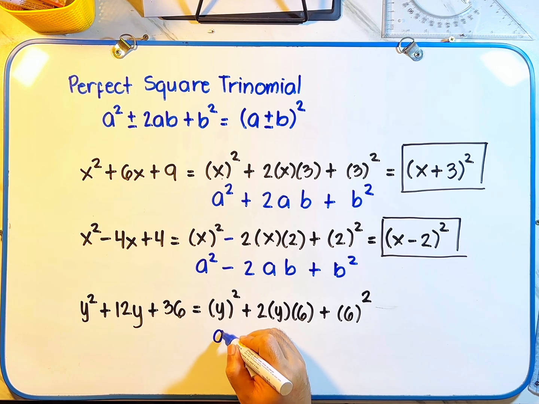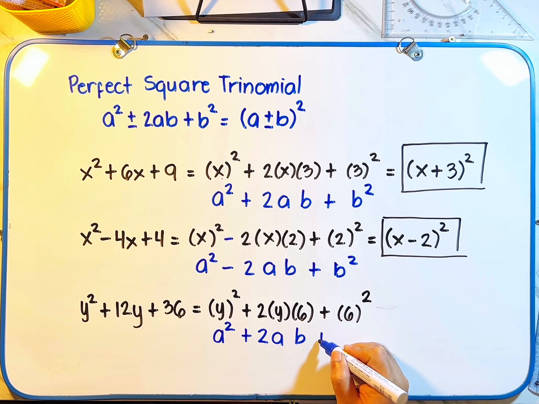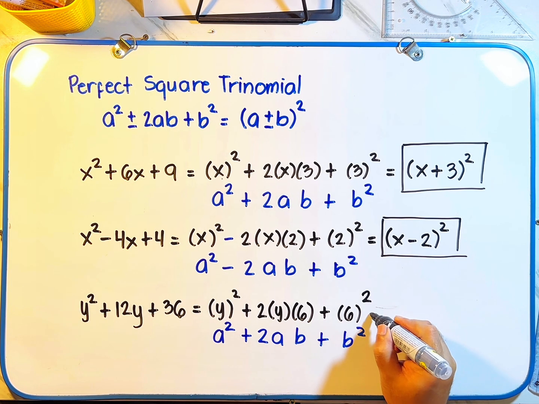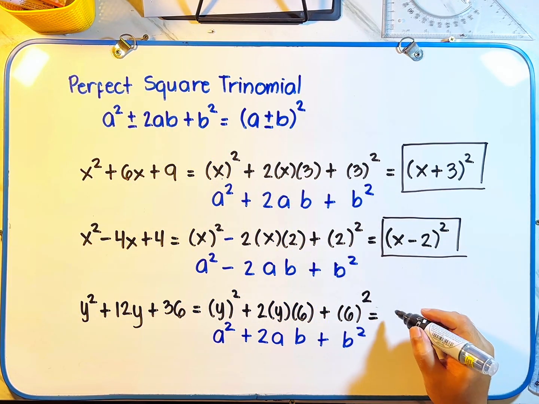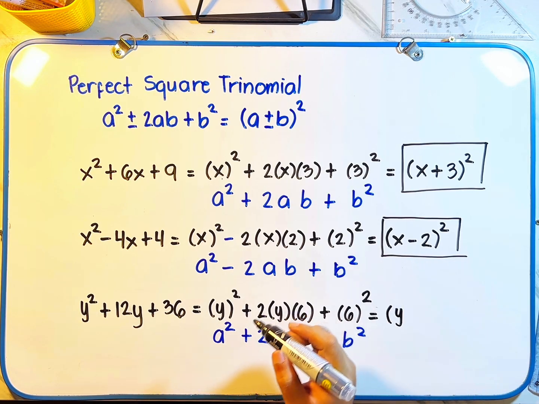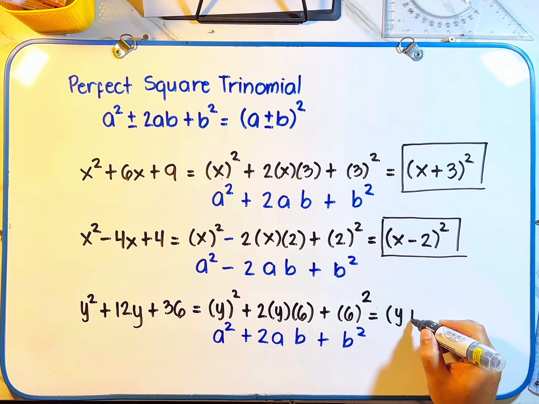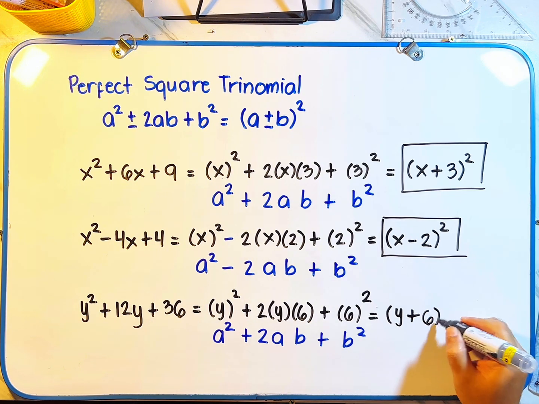This is in the form of a squared plus 2ab plus b squared, wherein a is y and b is 6. Okay? Therefore, the factored form is, let's follow this factored formula here. a, our a is y, and then plus or minus right here, and we will use plus because we have a plus here. So plus b, our b is 6, and then squared.